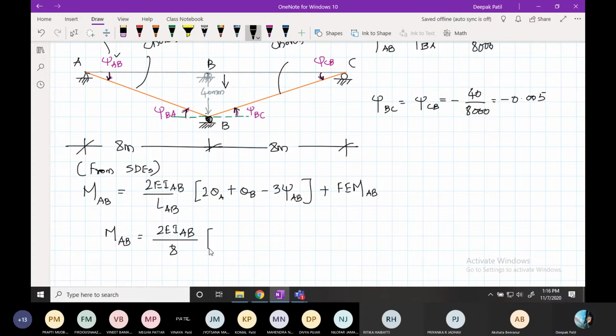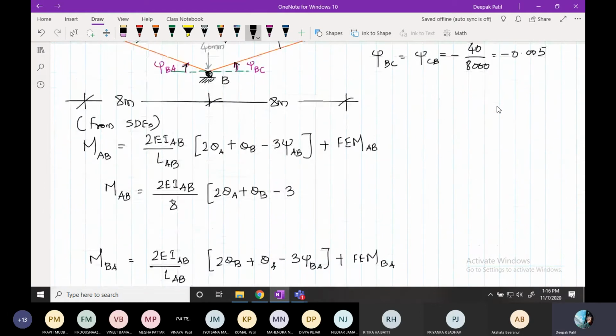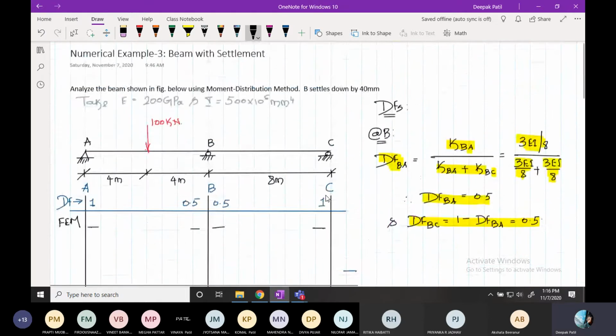8, 2 times theta A, plus theta B minus 3 psi AB, which we have already calculated as plus 0.005. And what will be the fixed end moment AB?